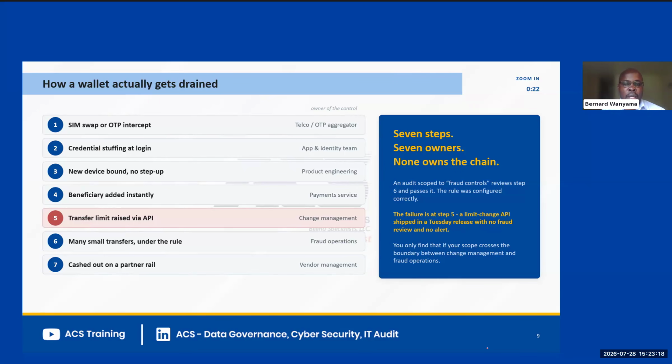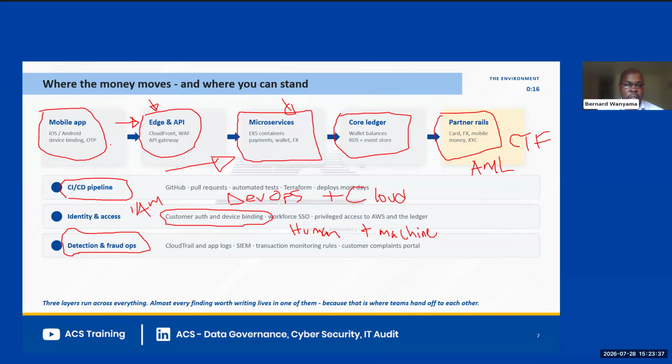So in this scenario, we are looking at a common and very high impact risk that the fintech can suffer from. We previously said that the organization has millions of customers.